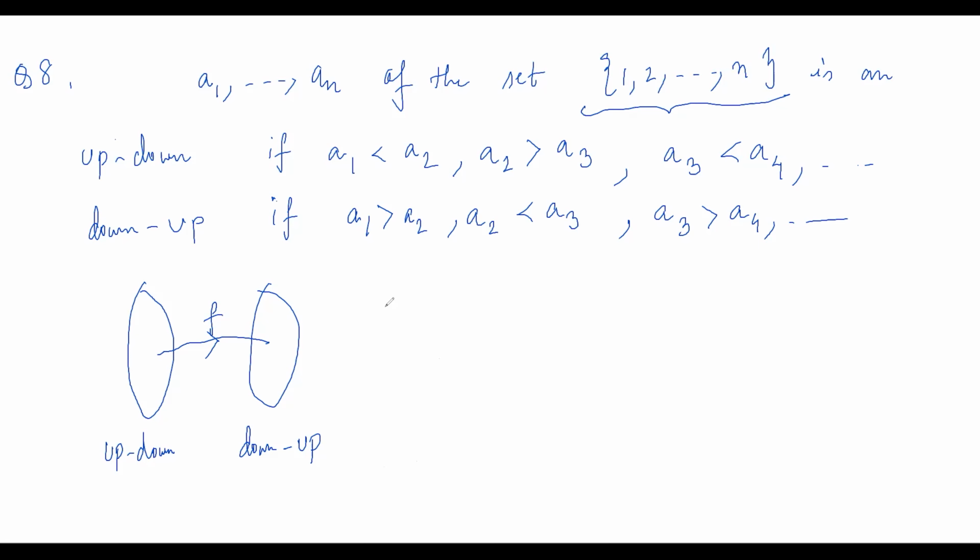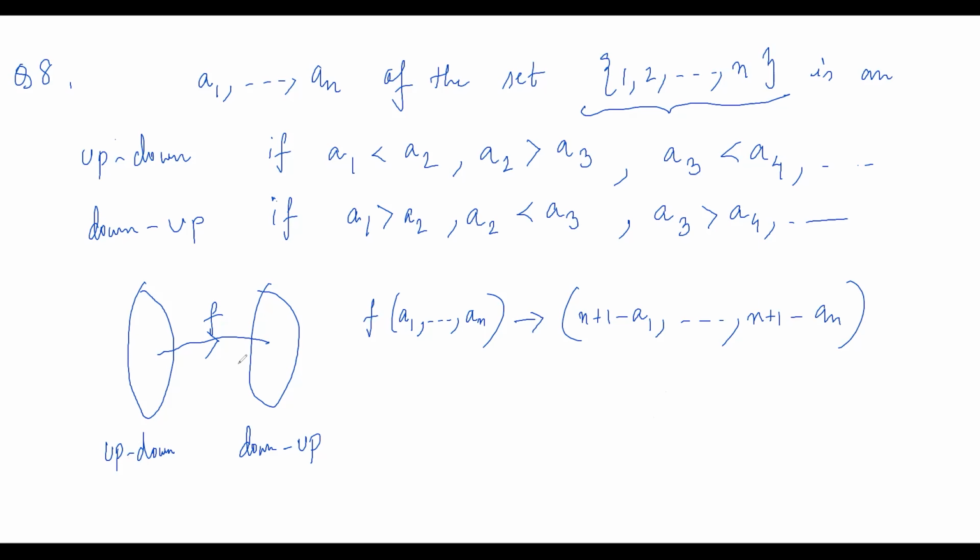So if I form the mapping, that is, if I take a1, a2, ..., an, an alternating sequence, so basically I'm taking an up down permutation, and I'll be taking it to n plus 1 minus a1 and so on till n plus 1 minus an, this will give me a one-to-one correspondence between the set of all up down permutations and the set of all down up permutations.